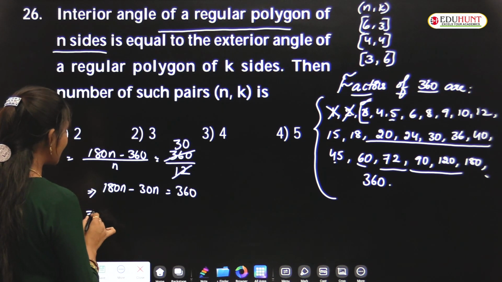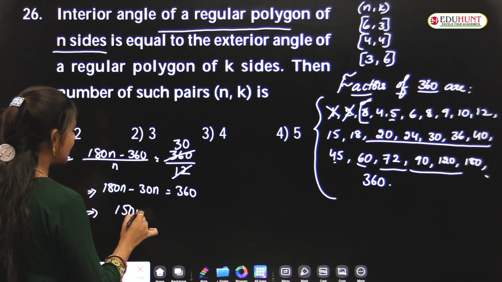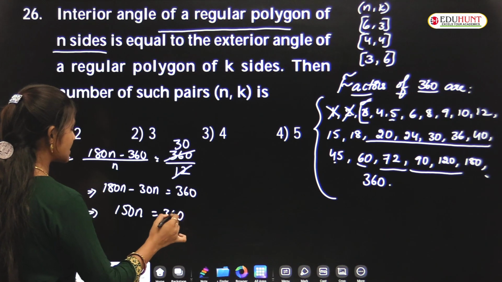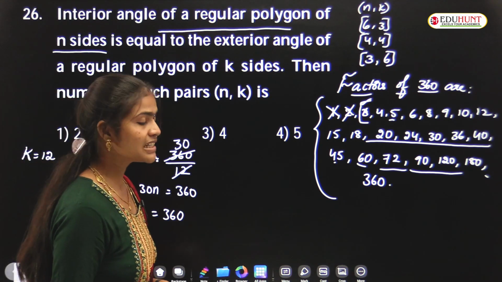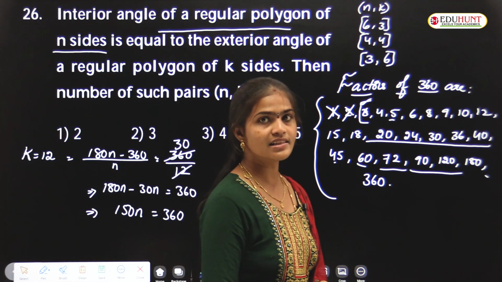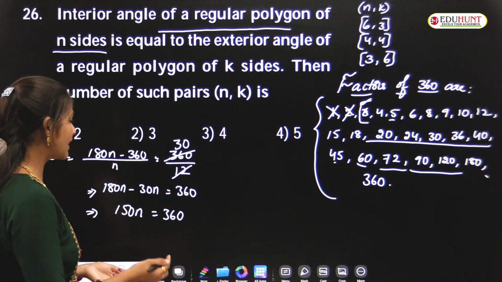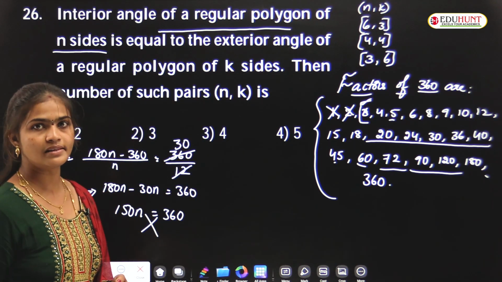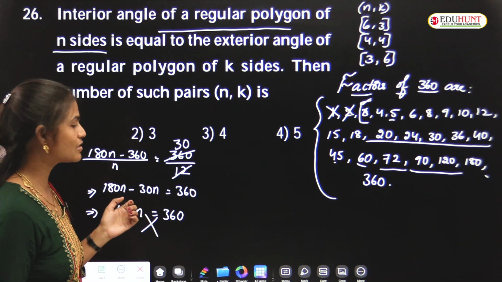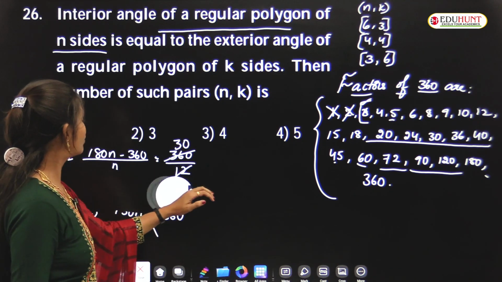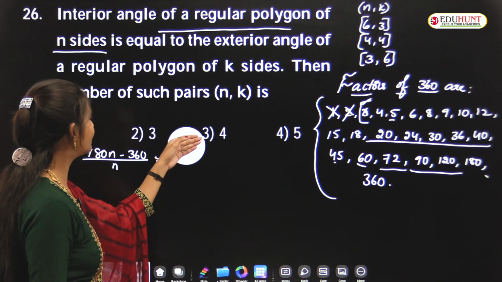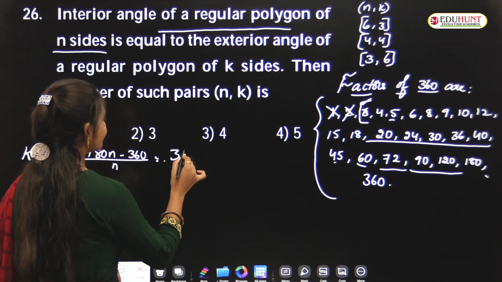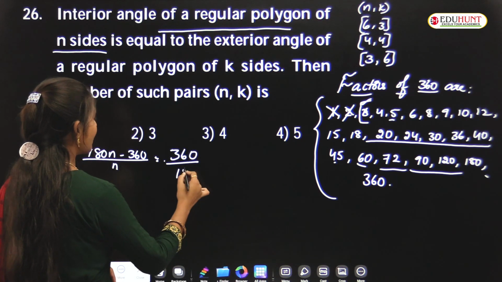So 180n minus 30n is equals to 150n is equals to 360. So is 150 a factor of 360? That is not a factor of 360. So again we can say that this is not possible. Okay, just checking process only. Okay, so let us go for another factor, that is 15. So 360 by 15.